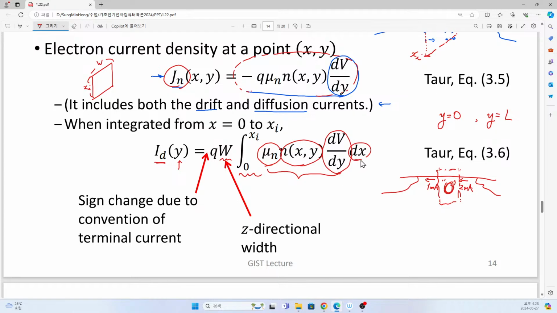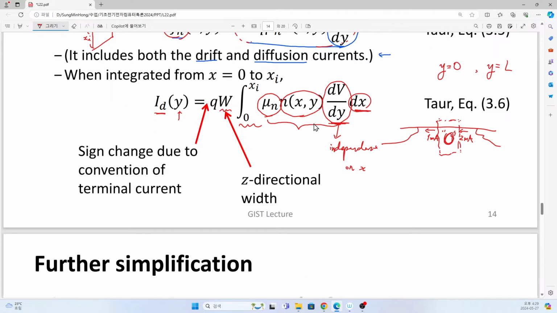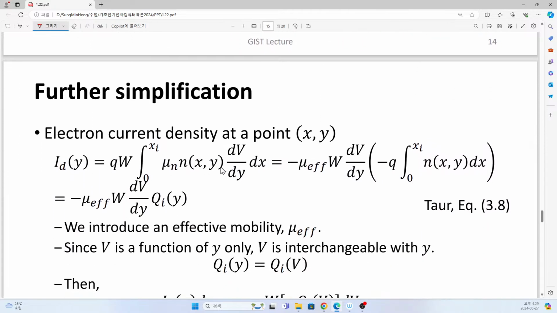However, since this integral is just along the x direction, this is independent of x, so we can pull it out from this integration. So this quantity can be pulled out.